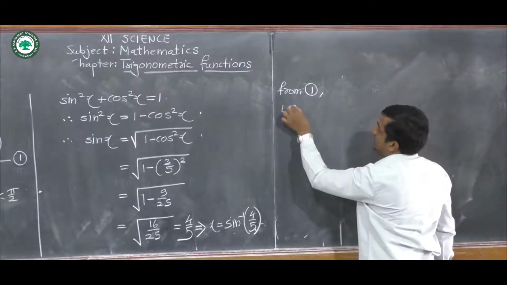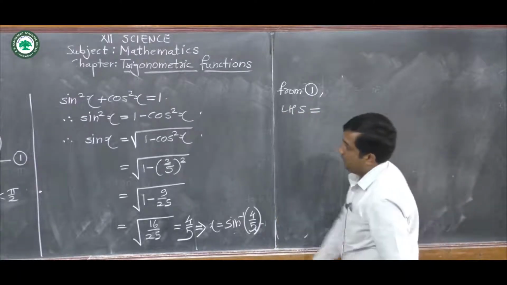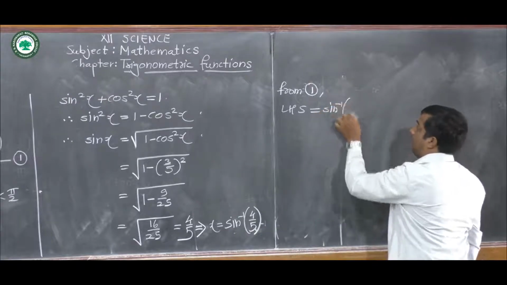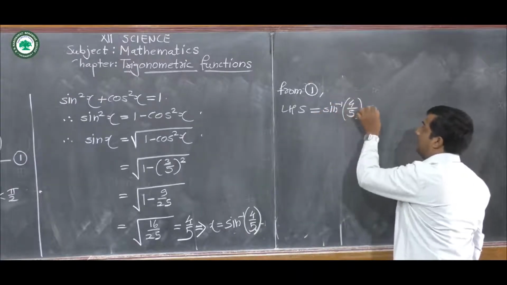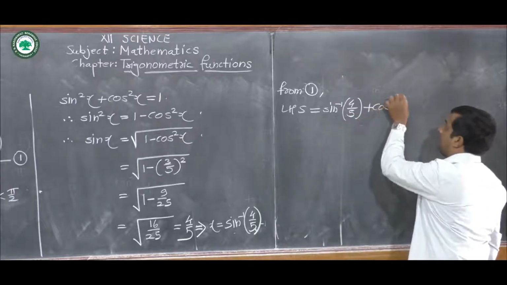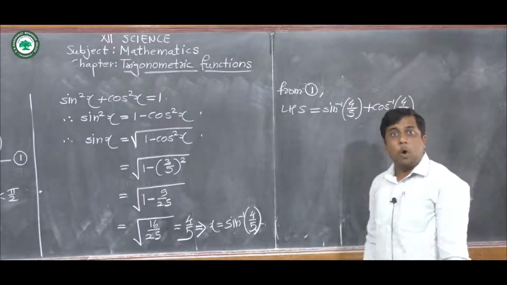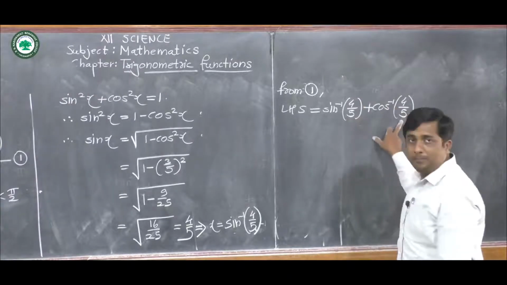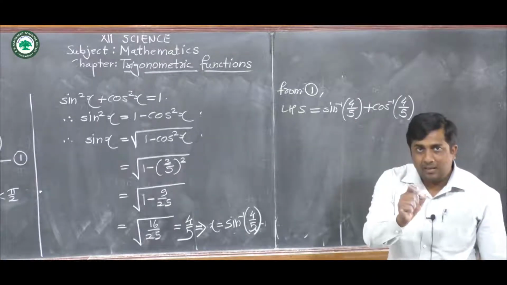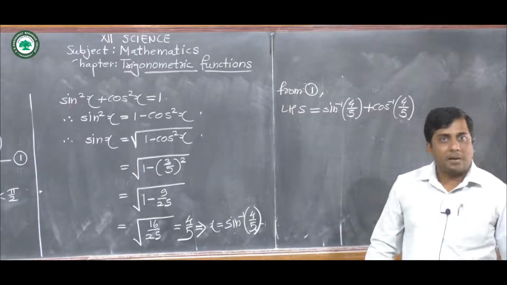So from 1, LHS is equal to, replacing cos inverse of 3 by 5 with sin inverse of 4 by 5, plus, next, cos inverse of 4 by 5. Now here in both, 4 upon 5 is given. If these two are the same, then we use our property: sin inverse of x plus cos inverse of x is pi by 2.